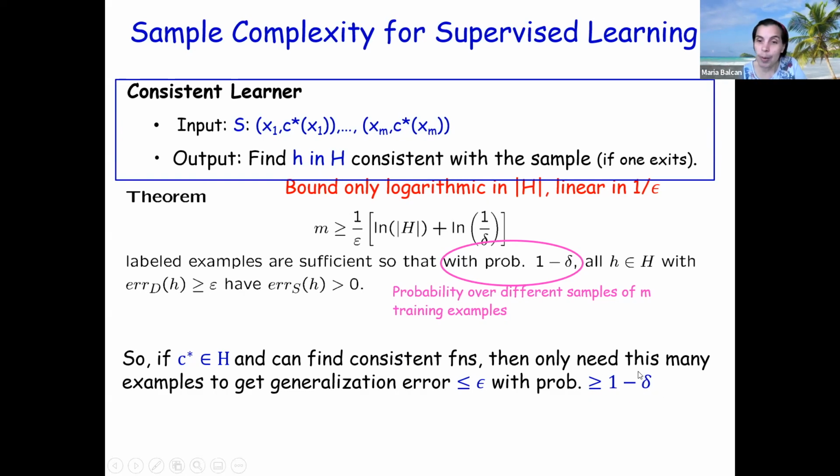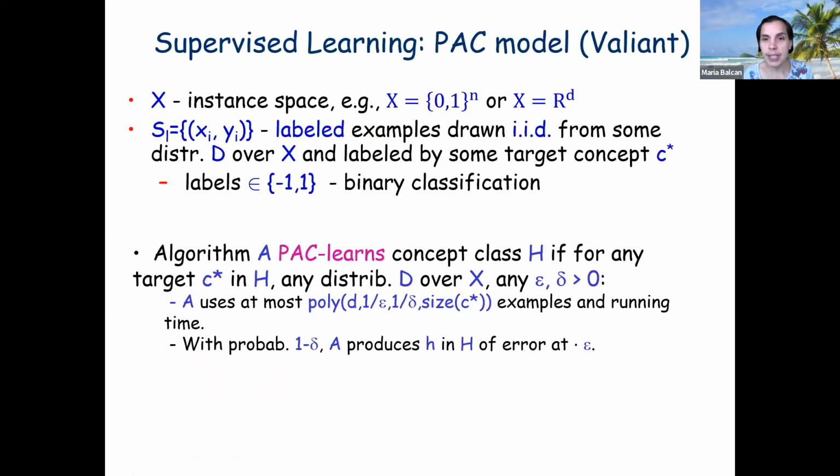So again, with high probability, at least 1 minus delta, it will be approximately correct, meaning the generalization error will be at most epsilon. And again, this is where the name comes from, it stands for probably approximately correct. Okay, and this model was introduced in the computer science literature by Les Valiant in the 80s, and it really just formalizes what I just said.